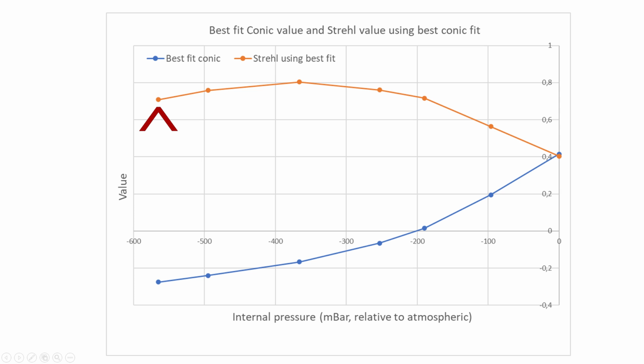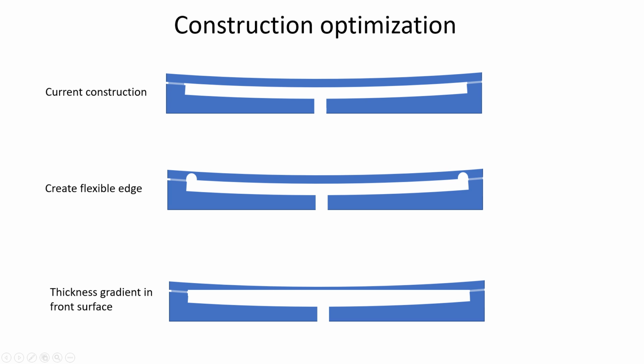If you look at this graph, the Strehl ratio is only slightly acceptable in a very limited pressure range. And what we would like is the Strehl to be constant and of course as high as possible over the complete pressure range. So what is causing this? Well, basically it's a construction issue. The shape is not only determined by the pressure, but also by the stiffness distribution of the various parts in the mirror.